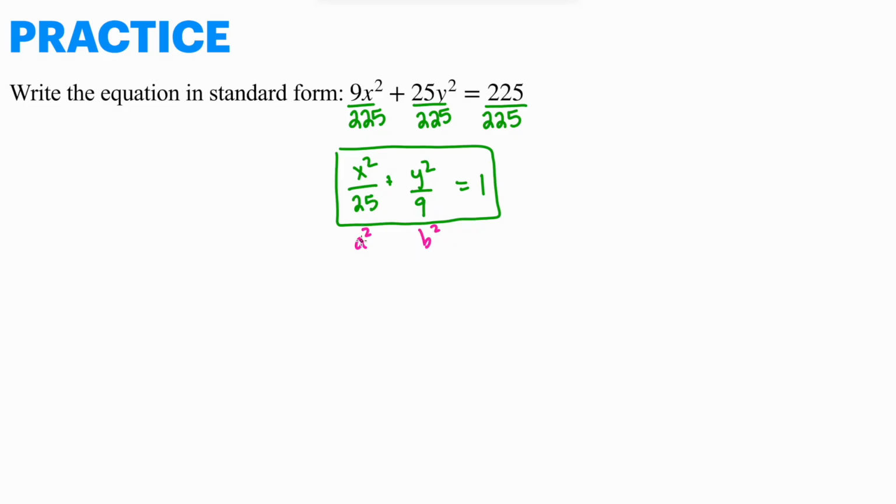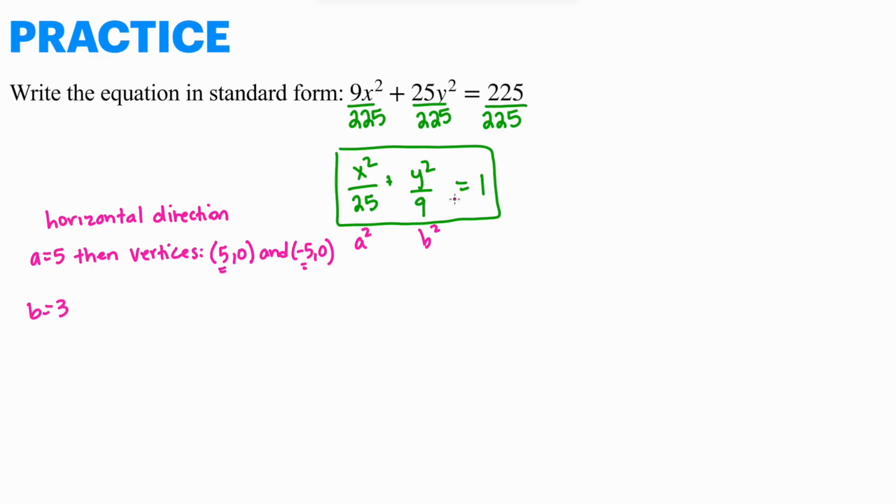So since the a is underneath the x, I could say that this is going to be a horizontal direction, which means that a is 5, because a squared is 25, then the vertices are going to be 5, 0 and negative 5, 0, because this is a horizontal direction. It's along the x-axis, so that is why the x values change.